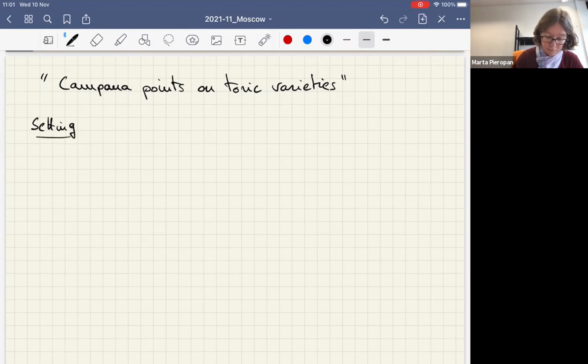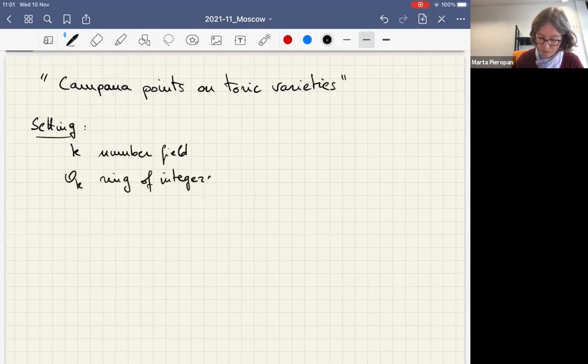I need some arithmetic setting. So typically for me, this is fixing a number field and the ring of integers. But for the purpose of just defining Campana points, we could just think of some Dedekind domain and its fraction field.